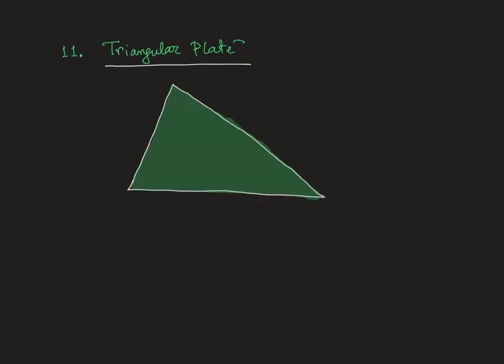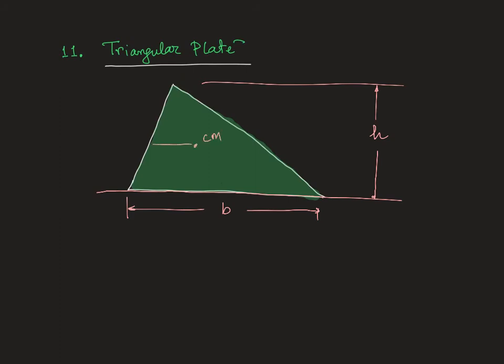So here there is a triangular plate, and you have to locate the center of mass of this triangular plate. So there is a base, and suppose the base is B and the height is H, and we have to find out the height of the center of mass from the base, right? So this is the y coordinate, so we are finding the YCM.